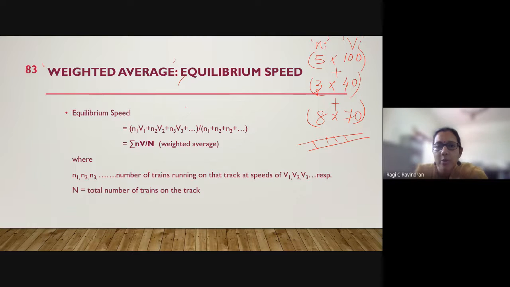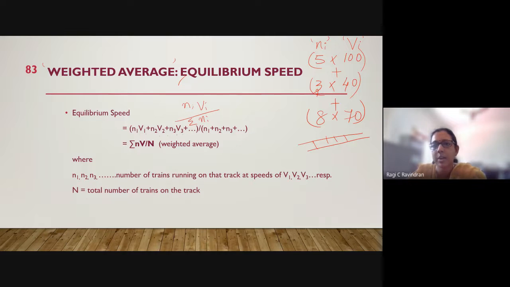So you do N1 into V1 plus N2 into V2 plus N3 into V3 and so on, depending upon this data set, divided by the total number of trains, that is, sigma NiVi divided by sigma Ni.